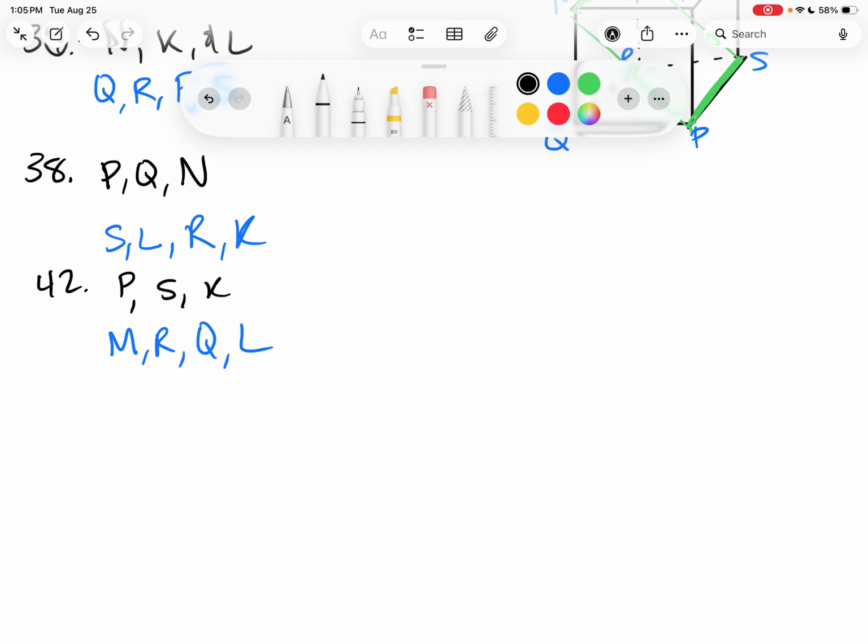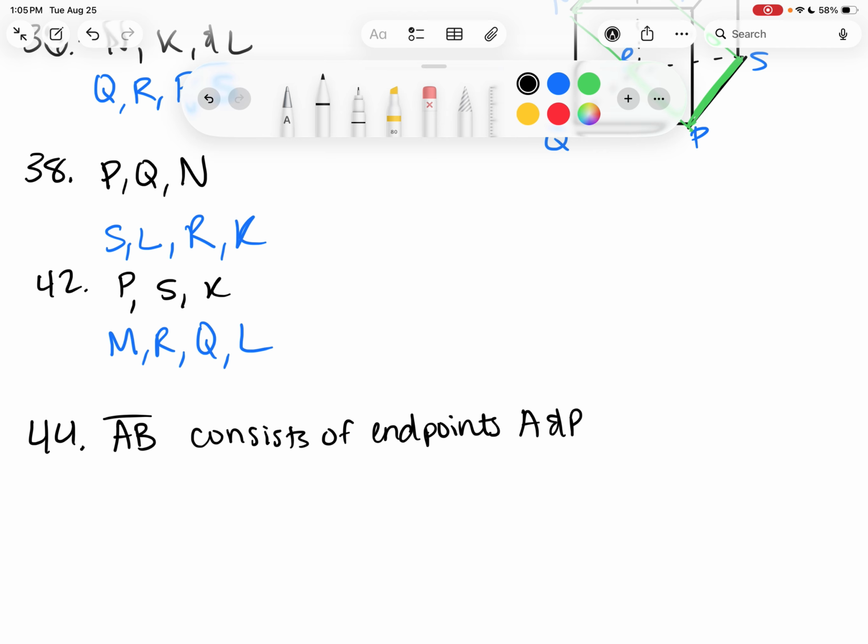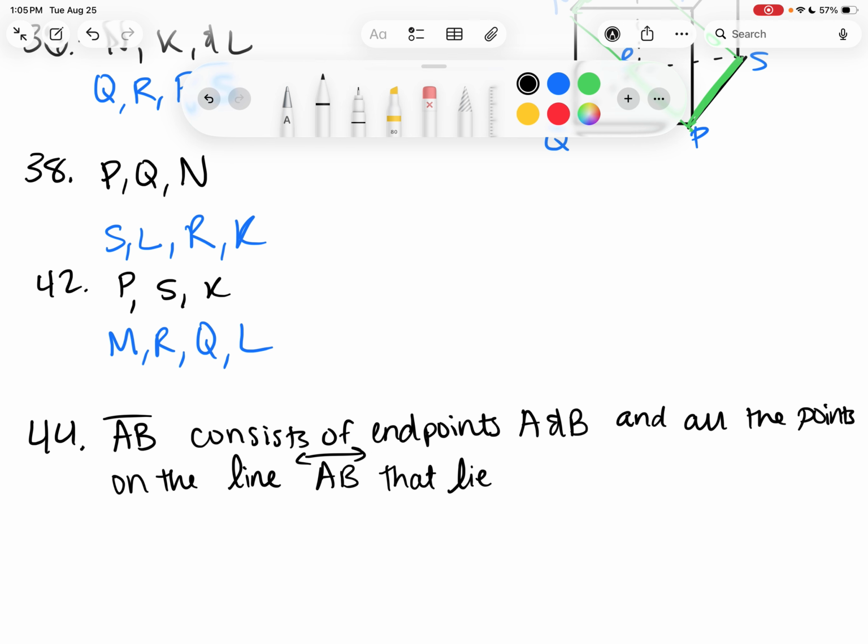All right, complete the sentence. 44. Segment AB consists of endpoints A and B, and all the points on the line A to B that lie blank.